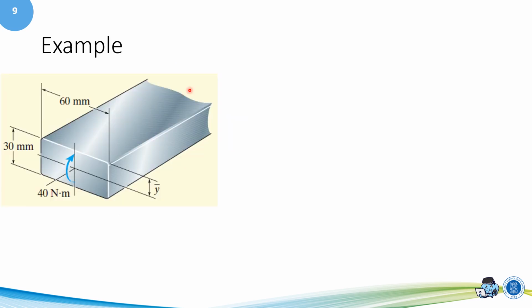To ensure that you all understand all the things that I have taught you in this particular video, let us discuss one problem example. As you can see here, the thing that we're supposed to find is the maximum stress which is happening at the beam due to this particular moment, 40 Newton meter. The first thing that we're supposed to calculate is the moment of inertia.